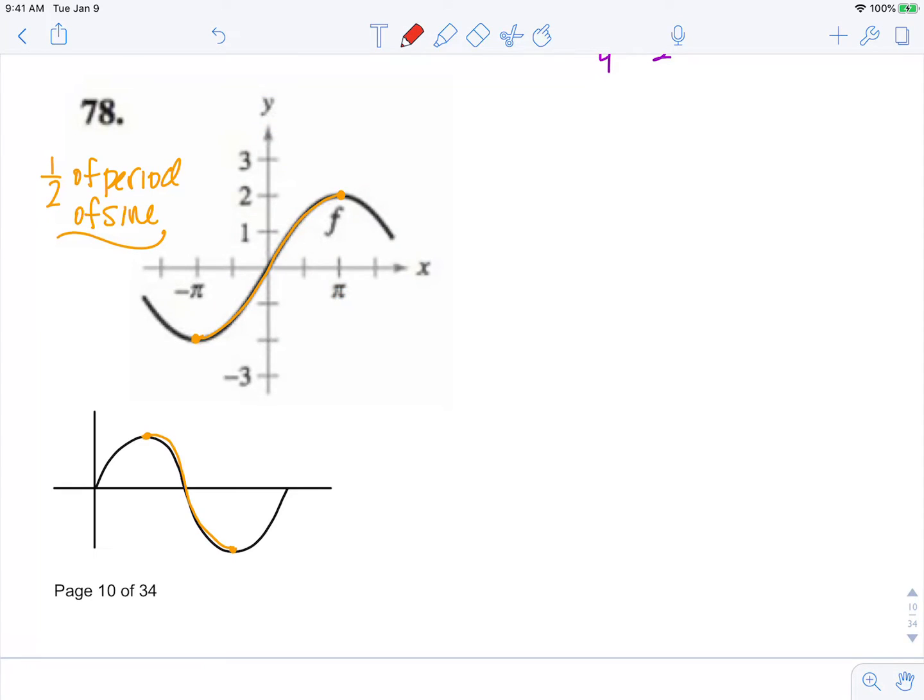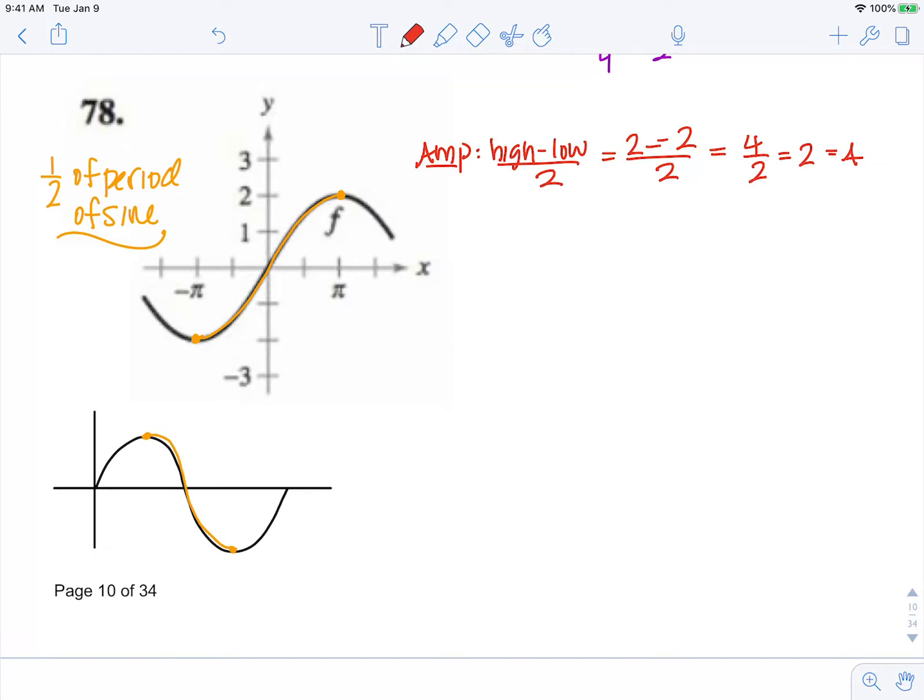Everything else is the same though. Our amplitude is high minus low divided by 2. 2 minus negative 2 divided by 2, which is 4 over 2, which is 2.